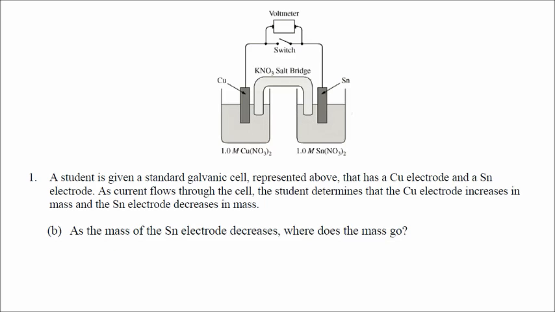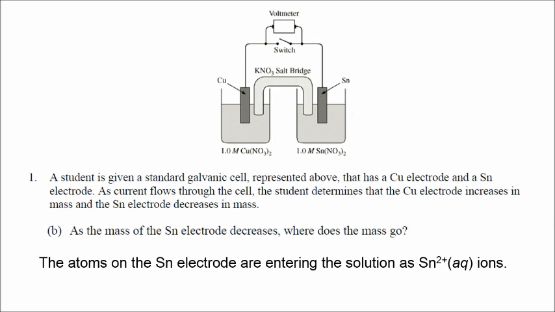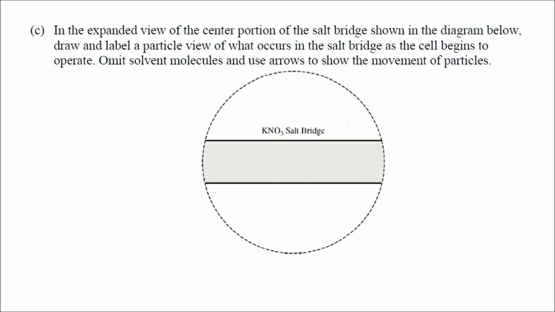All right, in part B, it says, as the mass of the tin electrode decreases, where does the mass go? So we're losing mass because the atoms on the tin electrode are entering the solution as aqueous tin 2+ ions. All right, in part C, we have an expanded view of the center portion of the salt bridge, and we're supposed to label what's happening in the salt bridge.